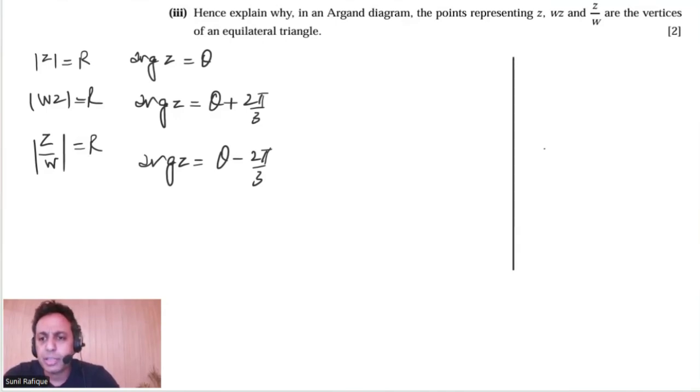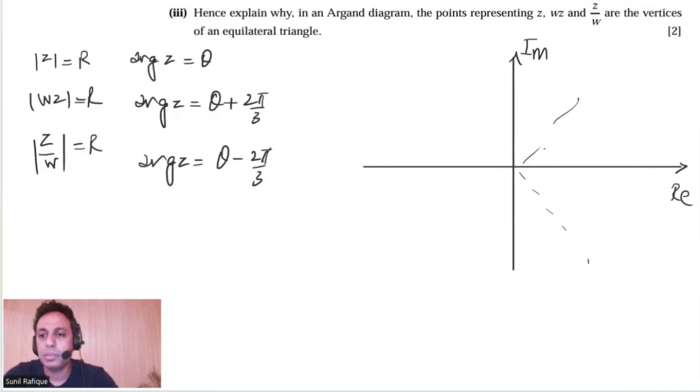First, I need to sketch them, and I know that z is somewhere between negative pi by 3 and pi by 3. So it can be either here somewhere or here somewhere, but I'm going to take it in the first quadrant and see what happens. So it has to be below 60 and within 60 and minus 60.